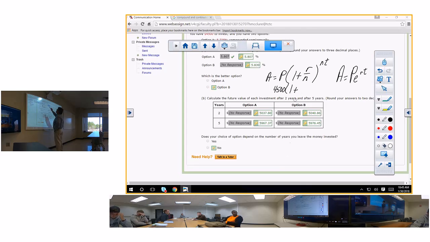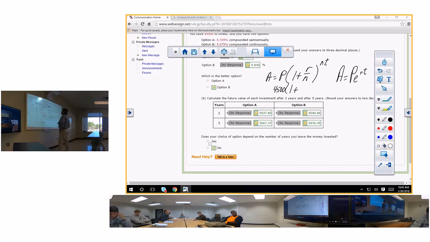So that's 4,500 times 1 plus, hold on, I can't remember the interest. There it is: 0.05725 divided by 2, N is 2. Two years right there, so that's going to change, so I'm going to put that in red.